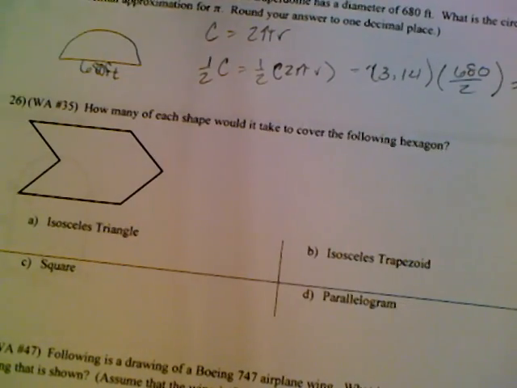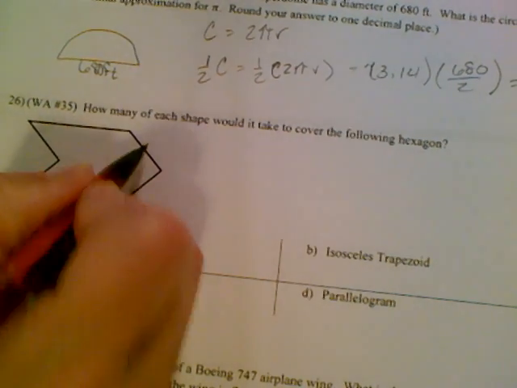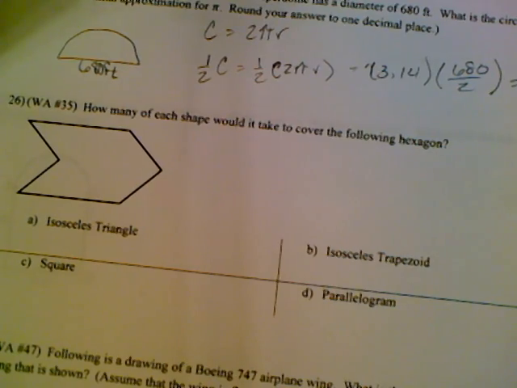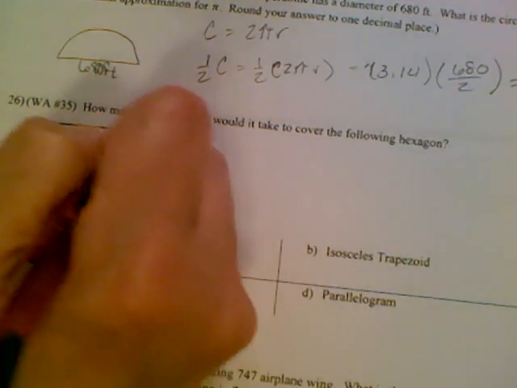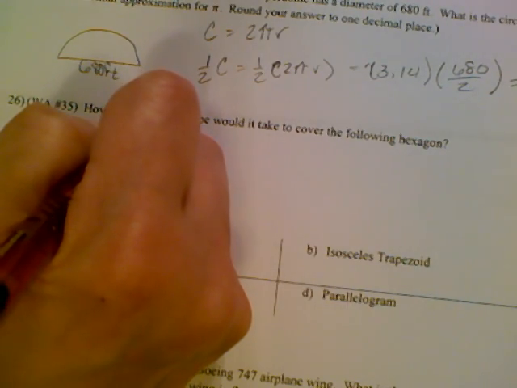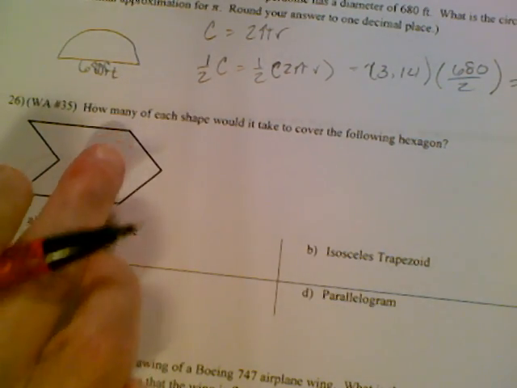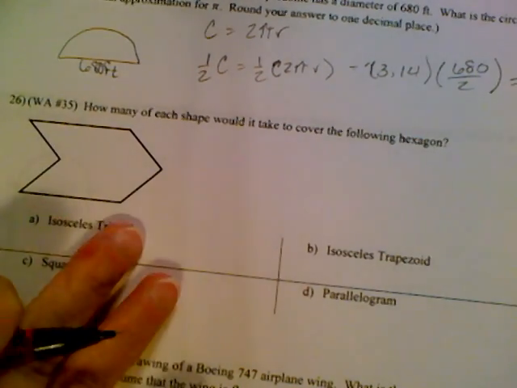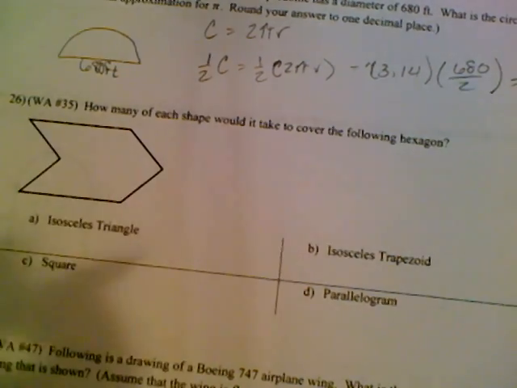All right. How long would each shape have to be to cover the following hexagon? Now realize this is a hexagon: 1, 2, 3, 4, 5, 6 sides. If I want to break this into isosceles triangles, I'm going to need 8. The easiest way is to print out the shape and put isosceles triangles on top of it.